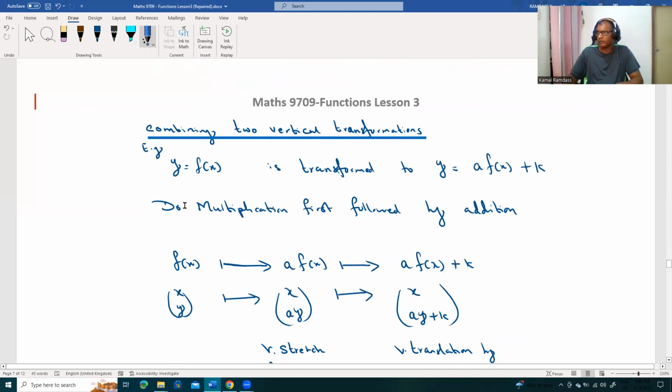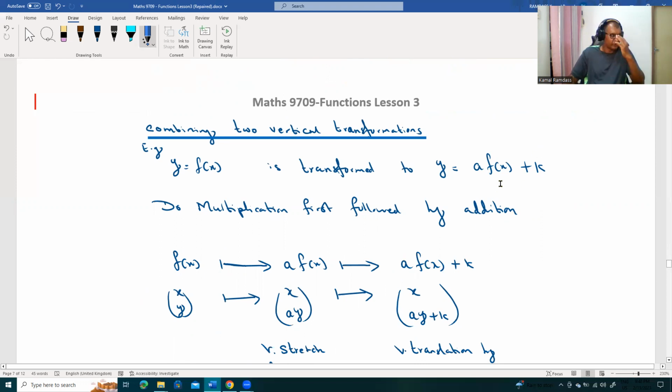Now, combining two vertical transformations: y = f(x) is transformed to y = a f(x) + k. The first thing we need to do is stretch first, then translate.